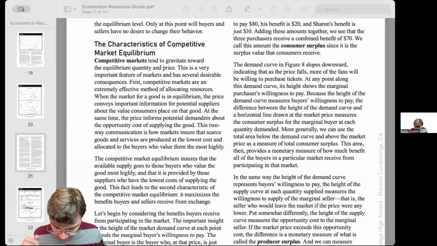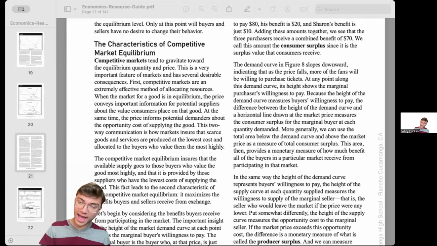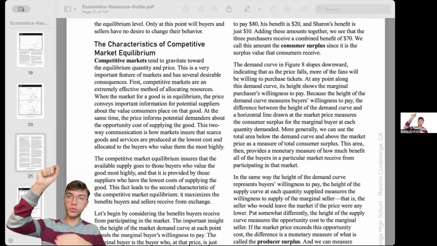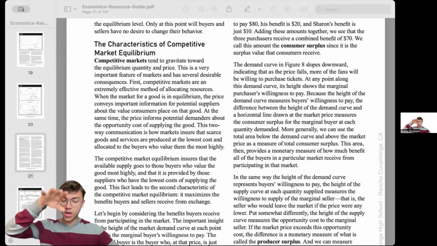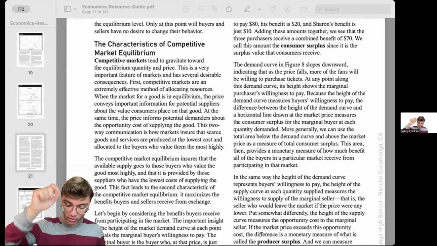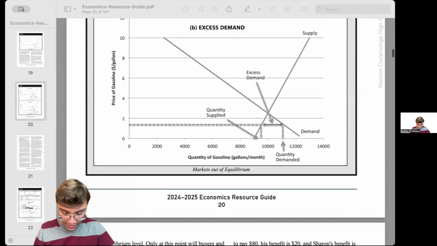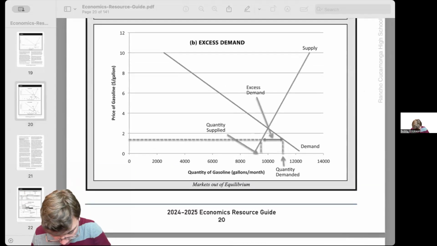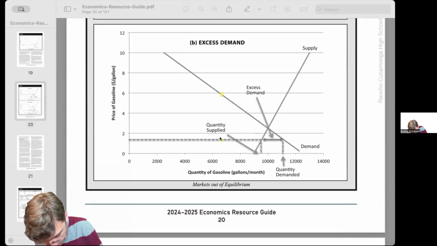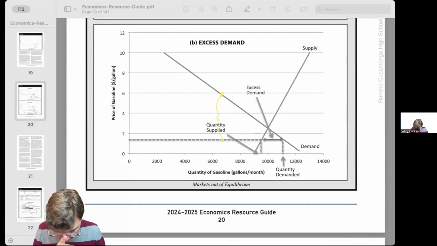And because we have that difference between the price point and the equilibrium price, we can take the difference, like a horizontal line drawn here and here.